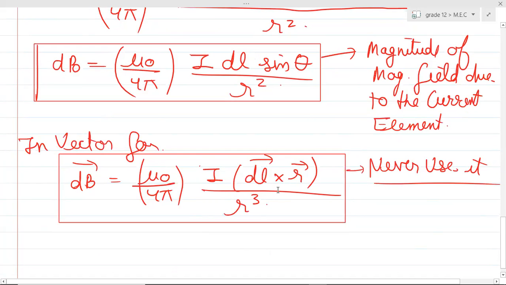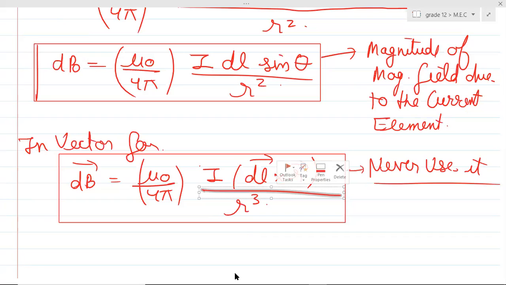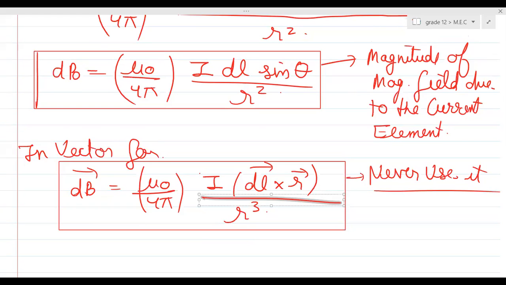Just focus on this cross product part, dl cross r. So basically you'll move the fingers of your right hand in the direction of dl and then move them towards r. Please note it down, guys.